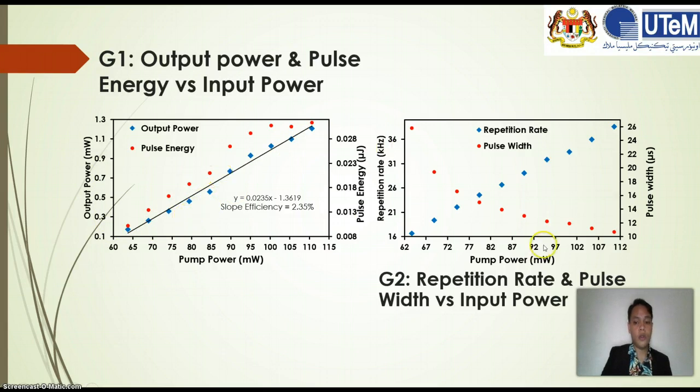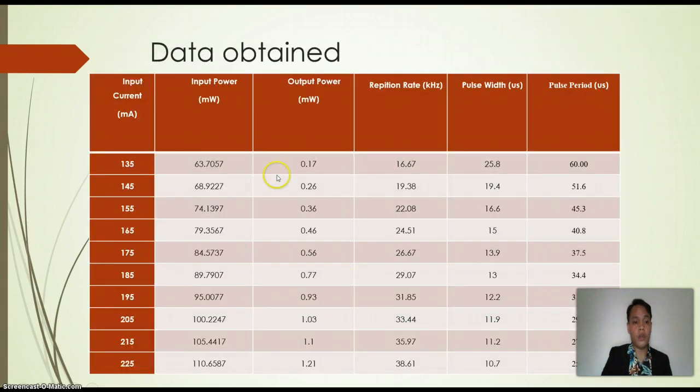For graph 2, we can see a graph of repetition rate in kilohertz and pulse width in microseconds versus the input power. Whenever the input power is increased, the repetition rate, the blue dot, also increases. Because whenever the input power is increased, the frequency will be increased to achieve its threshold value until it can fully penetrate the film.